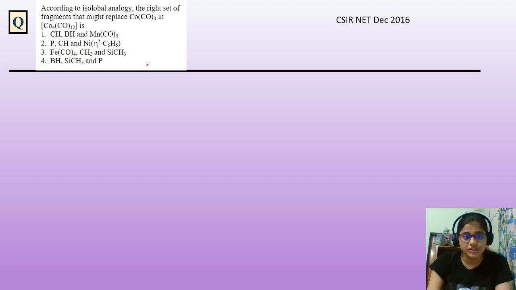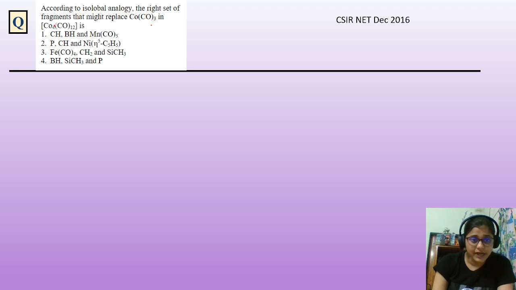Now previous year questions. This was asked in CSIR-NET December 2016. According to isolobal analogy, the right set of fragments that might replace this one. So here the fragment is also given, and the molecule is given, obviously. The molecule is Co4(CO)12, right?